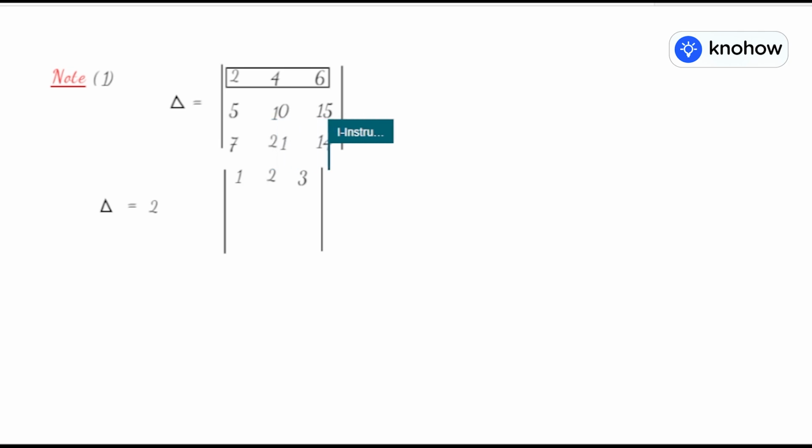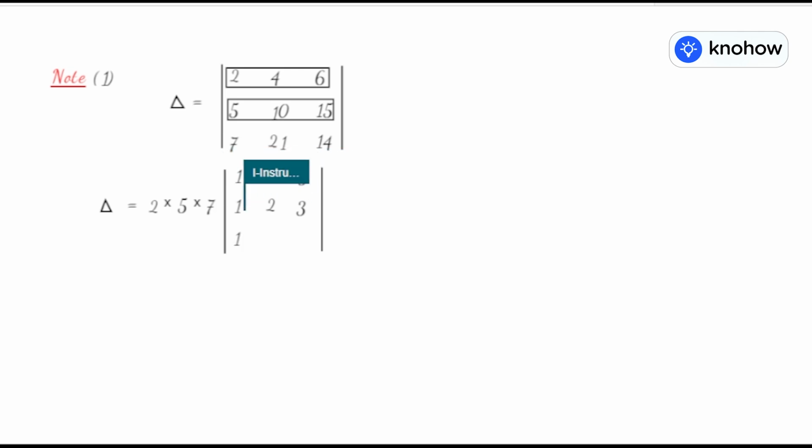Or if you like, you may take 5 common from the second row also. So it will be 2 into 5 times, dividing the elements of the second row by 5, you get 1, 2, 3. Or in the third as such, or you may take 7 common from the third row also to get 1, 3, 2.